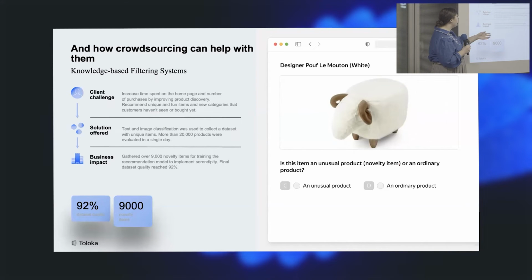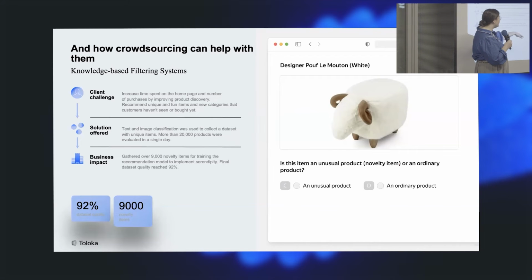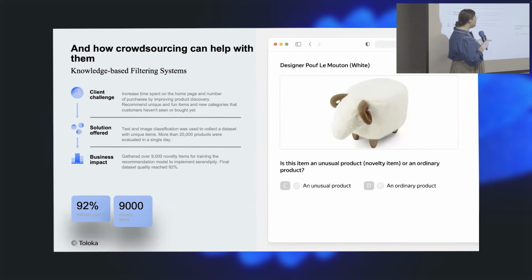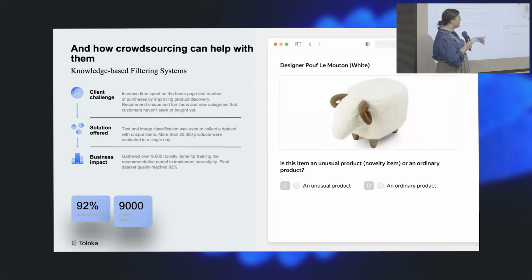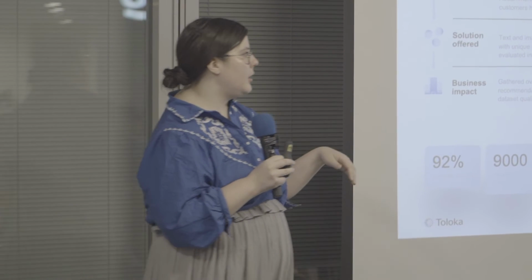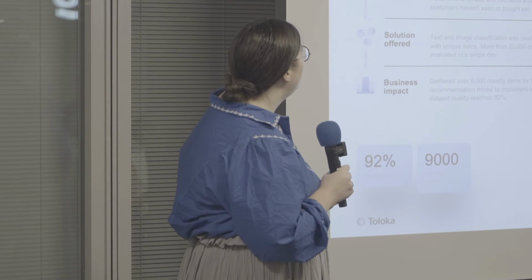And you can just ask users whether the product that you show to them is an unusual product or an ordinary product, or maybe is this skirt trendy or not, or maybe it's already cold, would you prefer this blouse or this blouse? So lots of different questions that you can ask your performers.